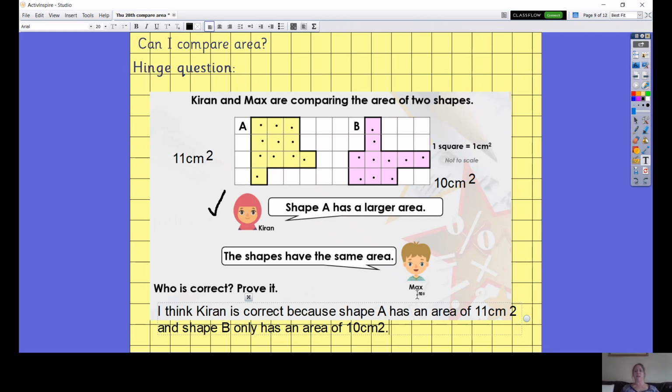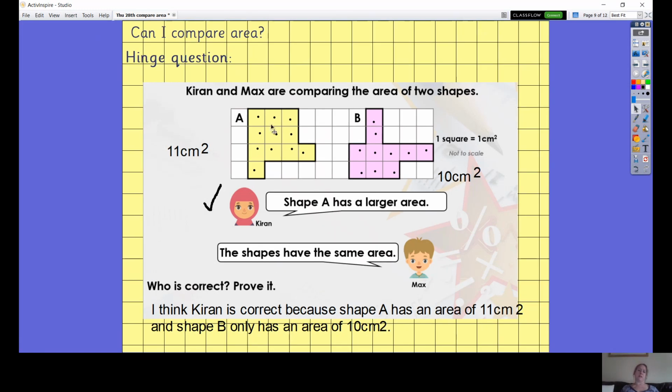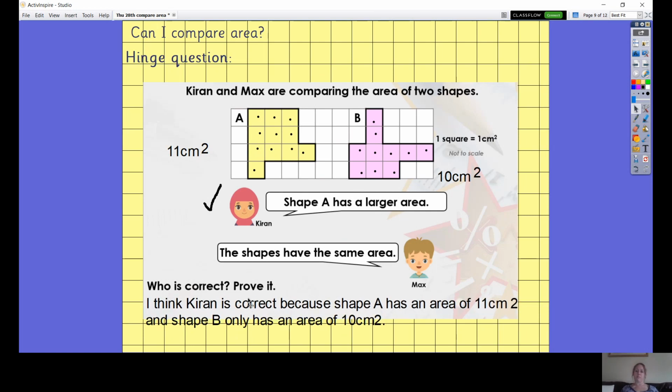Okay, so something like that would be your prove it. And actually your proving it is the sort of counting up here when you've drawn it out and you've clearly counted and worked out what the area is.